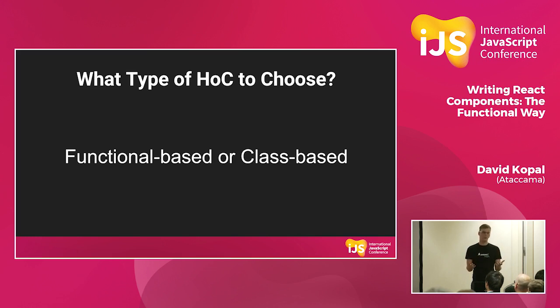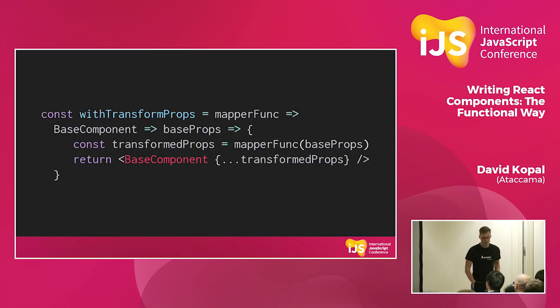So we are doing this with the presentational components, and we're also doing this with the higher order components. A functional higher order component, you can see it here, just takes a base component and returns a new component that renders the base component. So it doesn't have any side effects, it doesn't mutate anything. So it's basically a pure function.